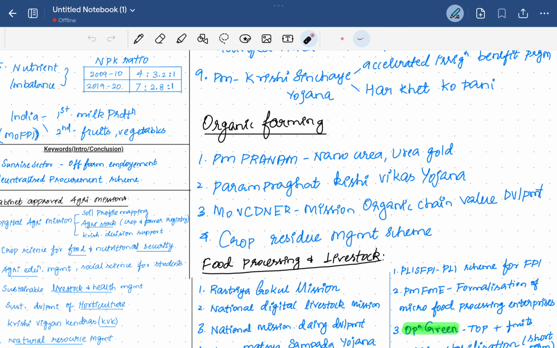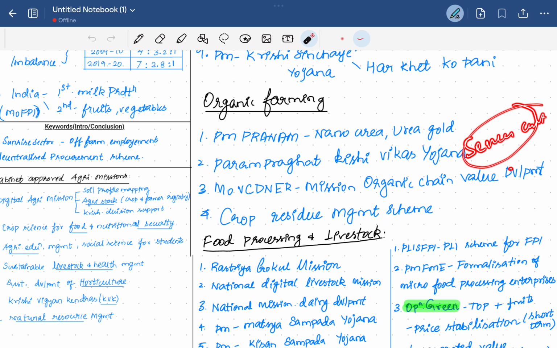Then the crop residue management scheme. Currently we have also seen in Delhi the air quality index is under significant reduction. It even goes to the severe category, that the air pollution is under threat, causing people minor effects like respiratory problems.